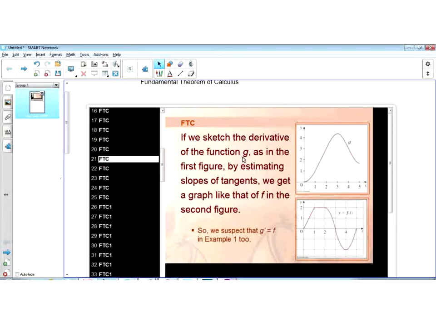If we sketch the derivative of the function g, as in the first figure, by estimating slopes of tangents, we get a graph like that of f in the second figure. So remember, in the first example, we calculated g for different values of x. And so from 0 to 1, if we estimate the slopes of the tangents to g from 0 to 1, we see that it's kind of increasing.